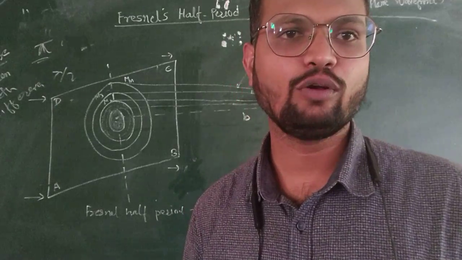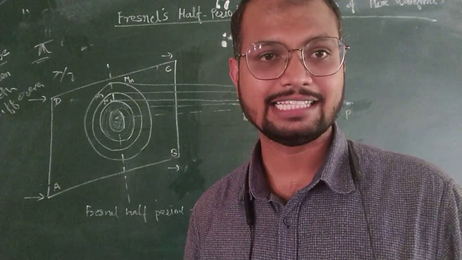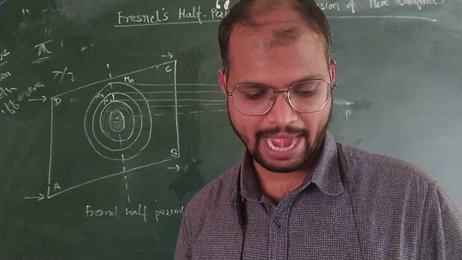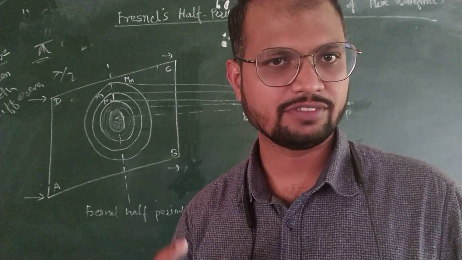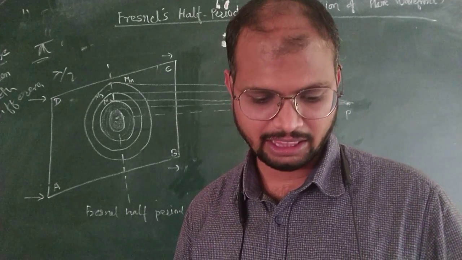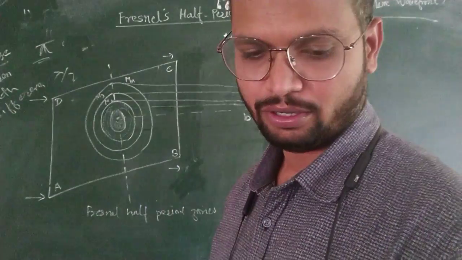The area enclosed by the first circle, that is the M1 circle, is called the Fresnel first half period zone, and the area between the (n minus 1)th circle and the nth circle is called the nth half period zone with respect to point P.